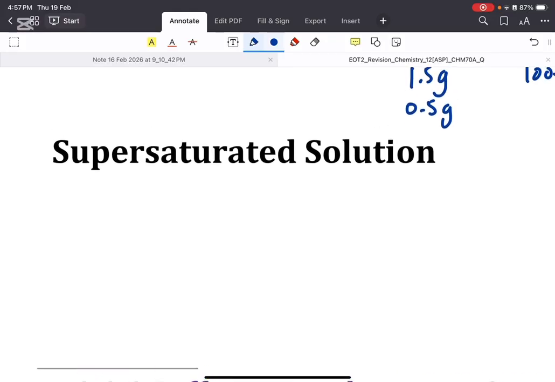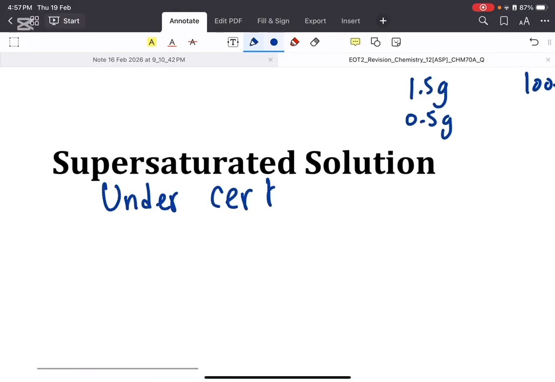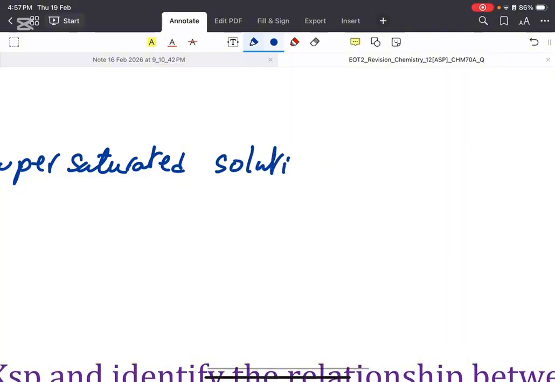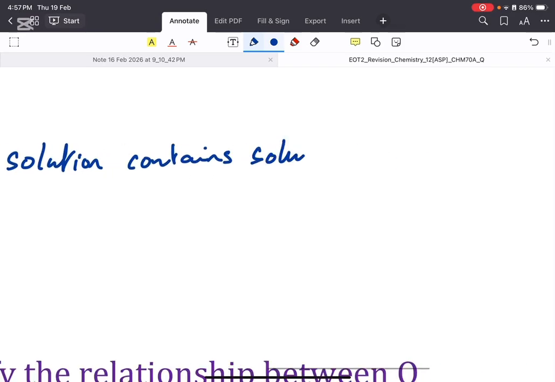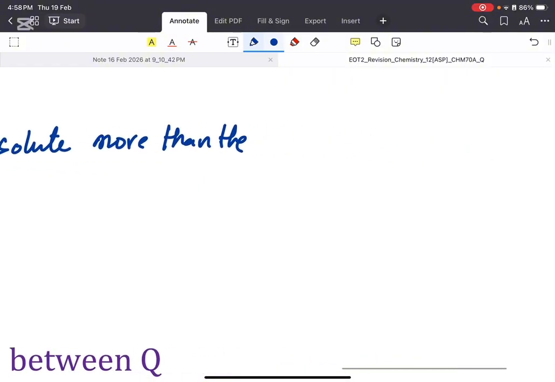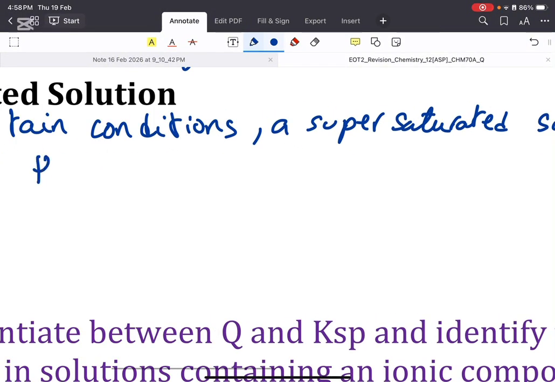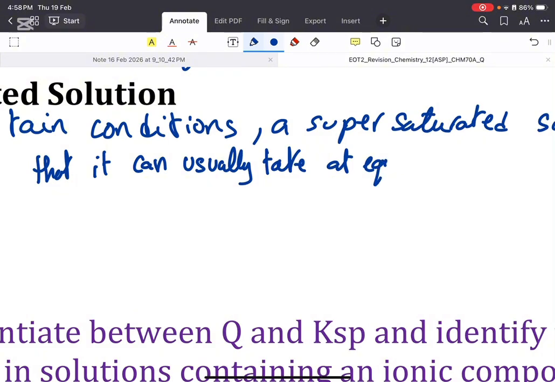I'm gonna just write here, under certain conditions, maybe elevated temperature, a supersaturated solution contains solute more than the allowed amount at equilibrium, more than the allowed amount of solute that it can usually take, at equilibrium.